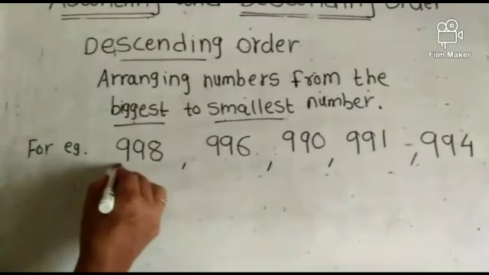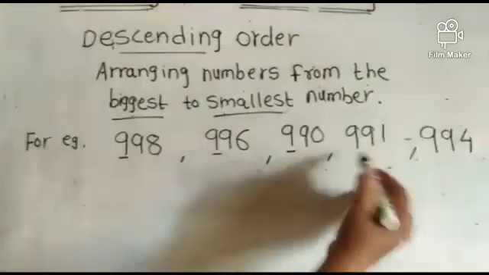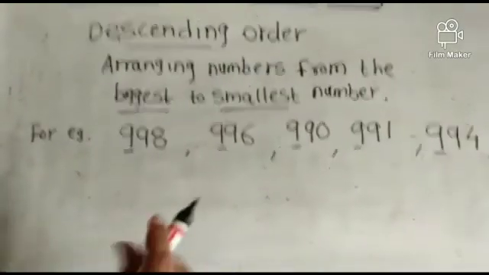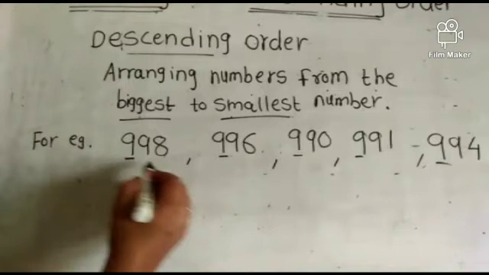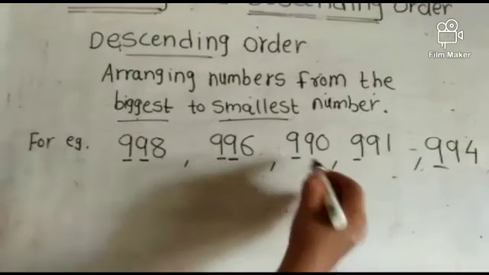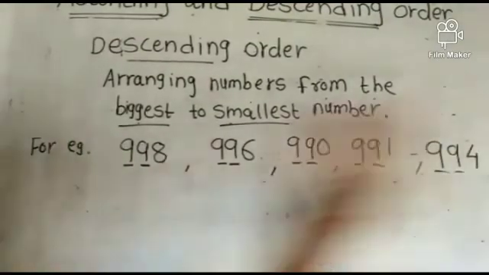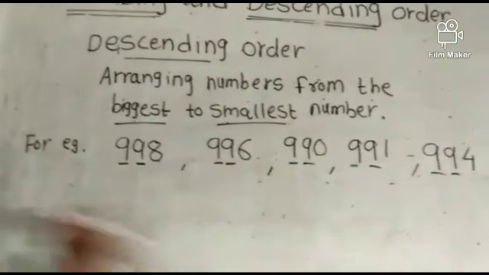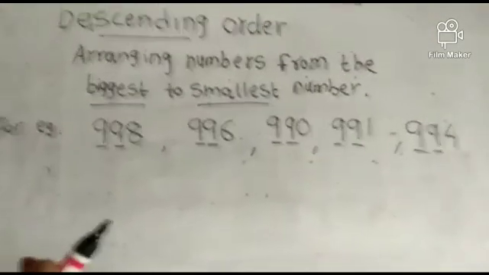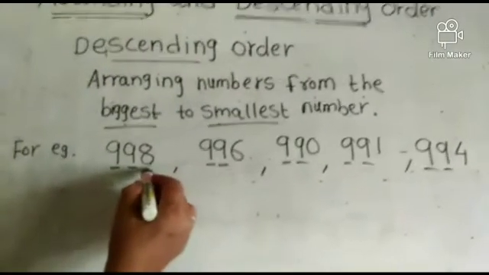Now here is 100 place, 900, 900, 900, 900 and 900. So we have to go to tens place. Here is 9 tens, here is 9 tens, here is 9 tens, here is 9 tens, and here is 9 tens. Means 100 place and tens place are same. So for writing biggest to smallest, we have to go to ones place.